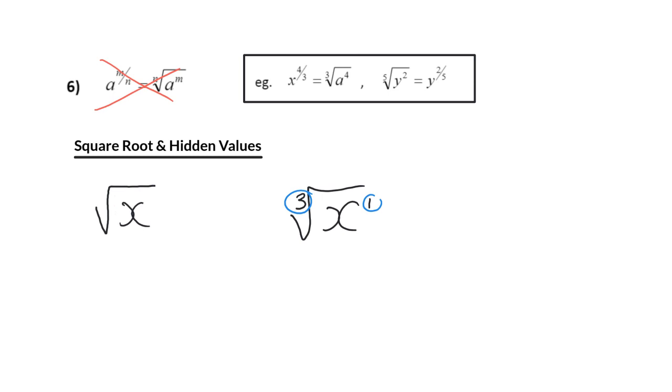Because it's not a cube root and it's a square root, we are going to put it in, and this time it's going to be a 2. So the square root of x, although often written just with the root sign and the x underneath, actually has a 2 in here and a 1 in here.